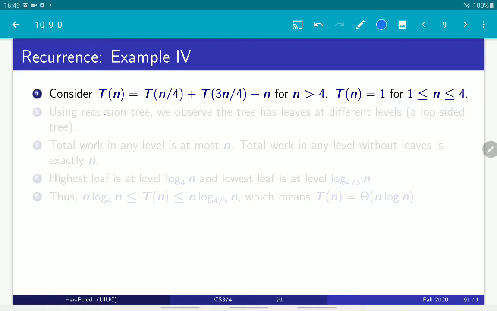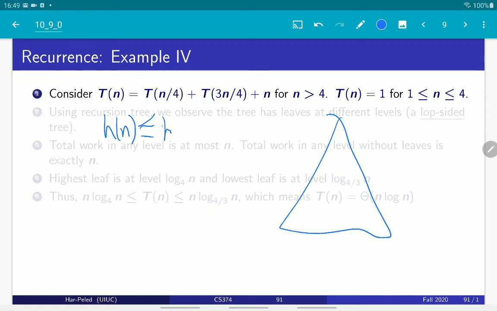So first, the observation is that we can write again a recurrence for the depth of the recursion tree. So h of n is going to be at most h of 3/4 of n plus 1. And if you think about it a bit, the solution to that is O of log n.